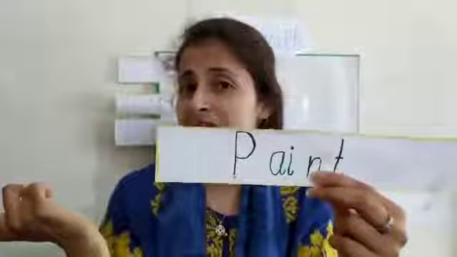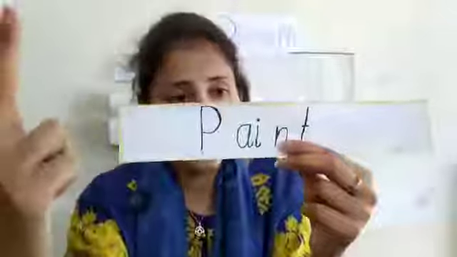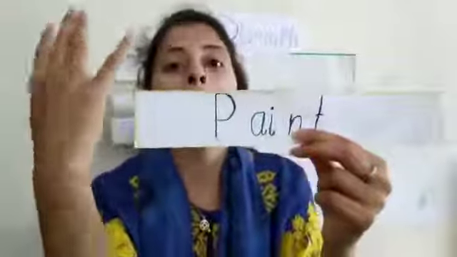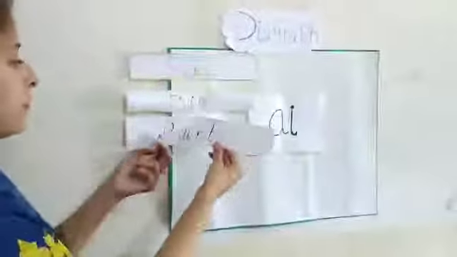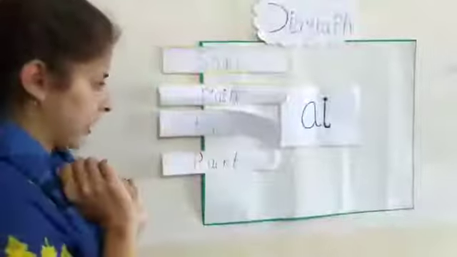And how many sounds in the word paint? 4 sounds. P, A, t, paint. And I'm going to paste this word paint on the chart paper.